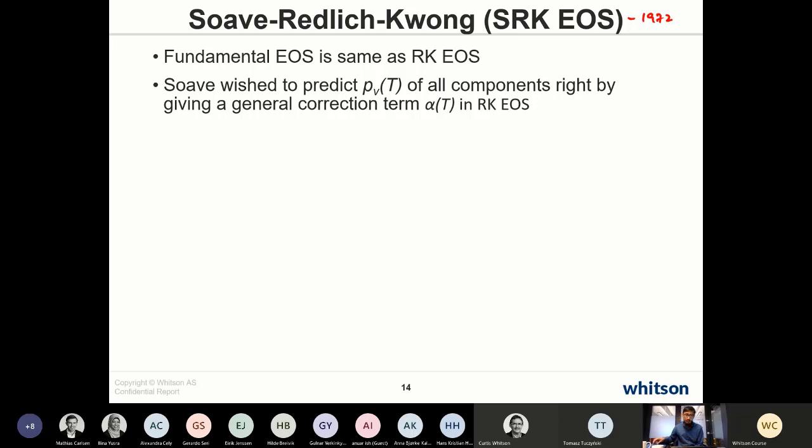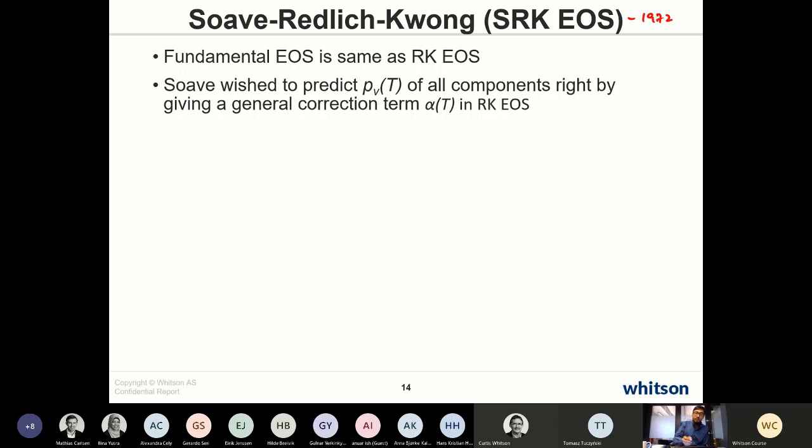And as Curtis said, the SRK is exactly the same equation of state model as Redlich-Kwong, but with an additional correction that we will see. We did not change the fundamental form of the Redlich-Kwong equation of state, but it helped predict the vapor pressure curve for all the components, not just the very light C1 to light hydrocarbon components.